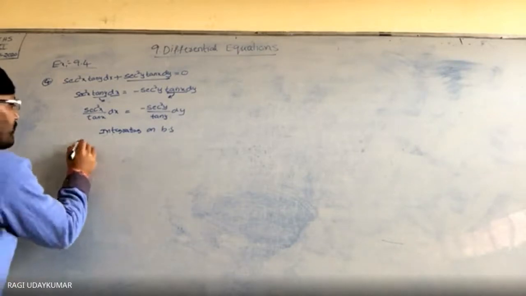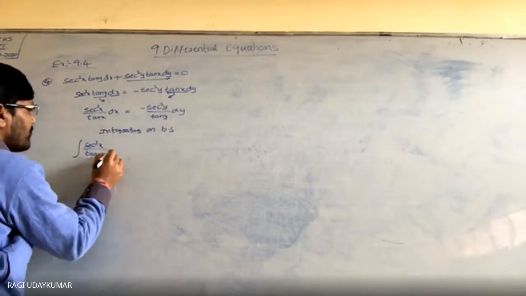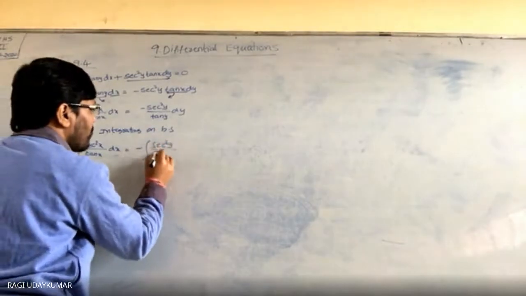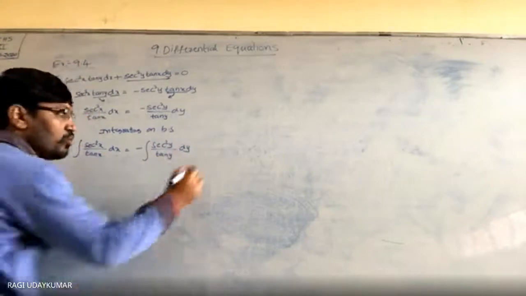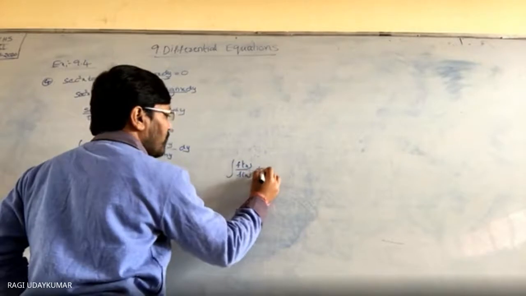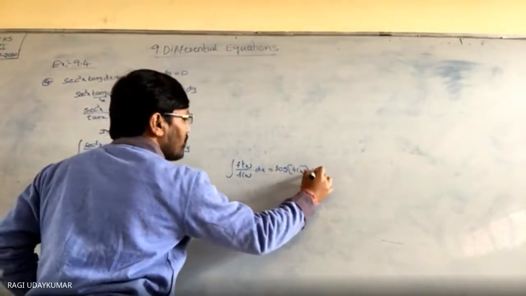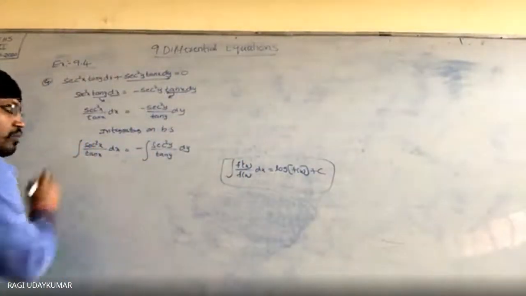So what you get here: integration of secant square x by tan x dx is equals to minus of integration of secant square y by tan y dy. So you do remember that integration of f dash of x by f of x is equals to logarithm of f of x. This is used in a lot of places. Its derivative is in the numerator.